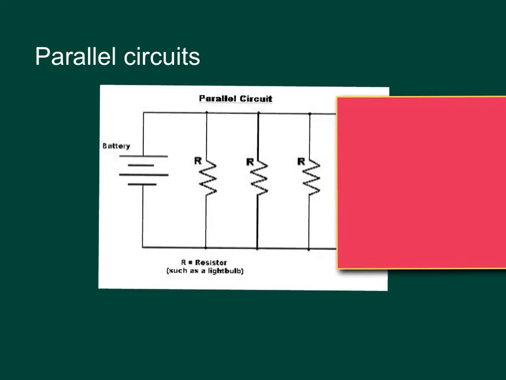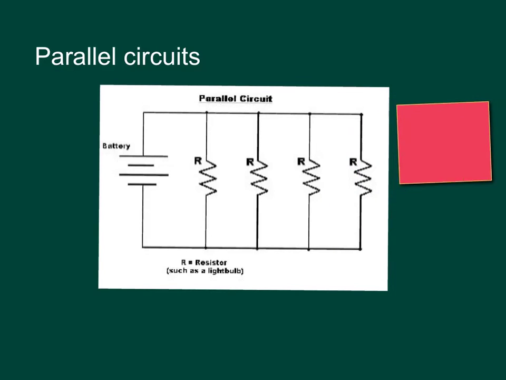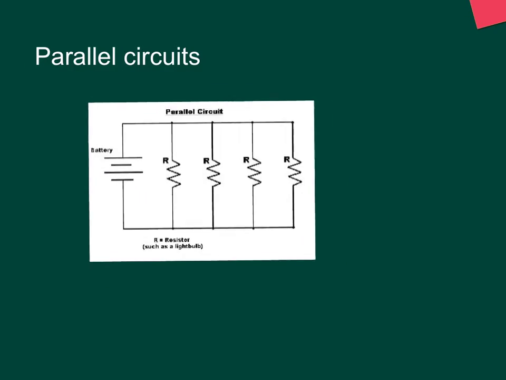If we open another line, we can get through even faster. So you're starting to see how the current can speed up. We can get more electrons total through. And that's what we're talking about, how much total current can get through this circuit. So the equivalent resistance for a parallel circuit is much smaller than that for a series circuit.